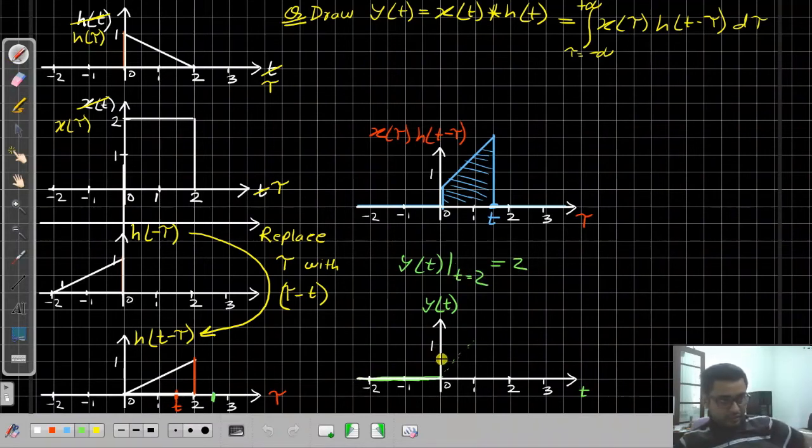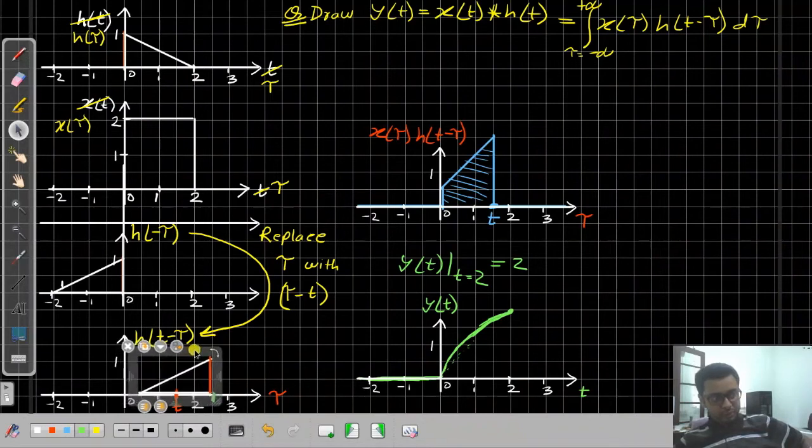So let me draw it approximately. So y will increase and look like this. After that, as time increases, you move this pattern further towards the right, and therefore the overlap between x(tau) and h(t minus tau) will decrease.